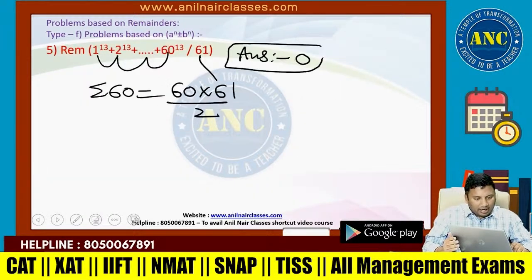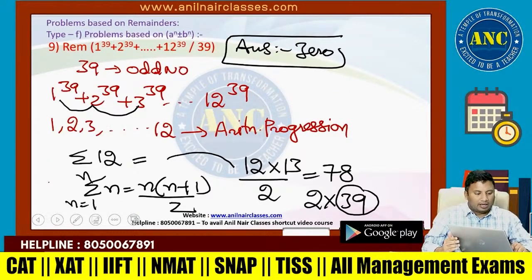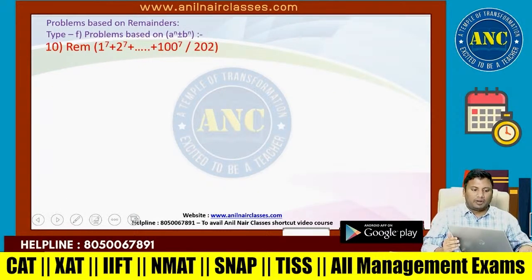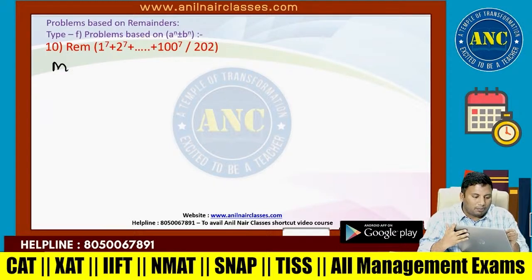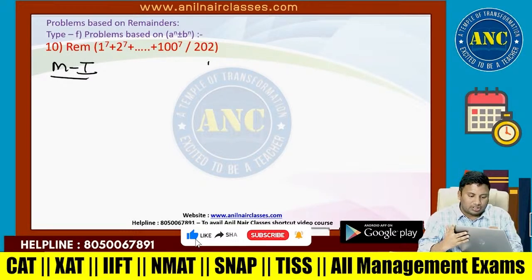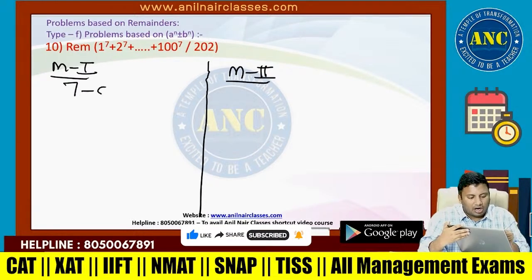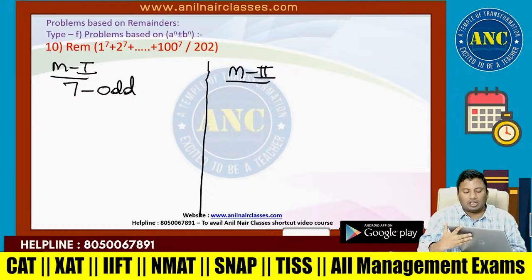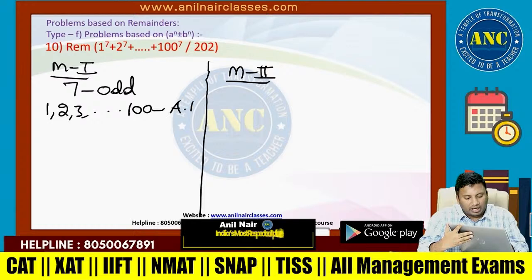A power n plus or minus b power n concept. Now see here, this problem I can do in two methods, method 1 and method 2. Method 2: 7 is an odd number. 1, 2, 3 till 100 is in arithmetic progression.